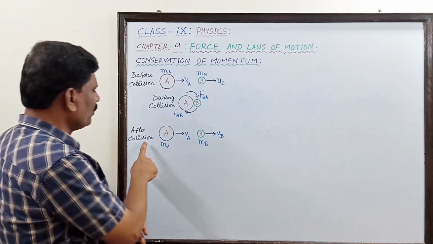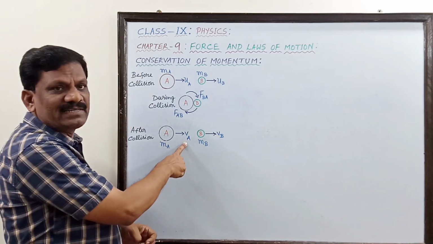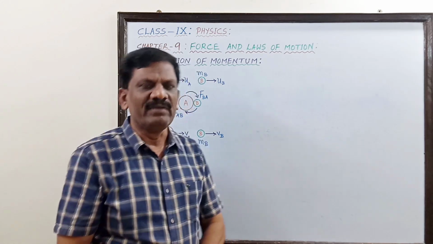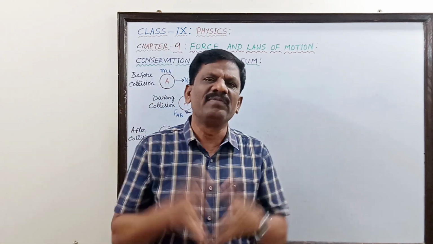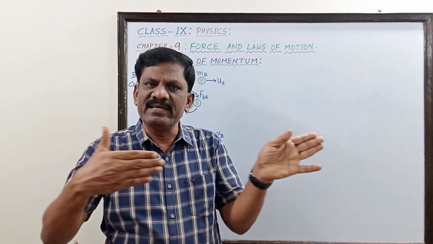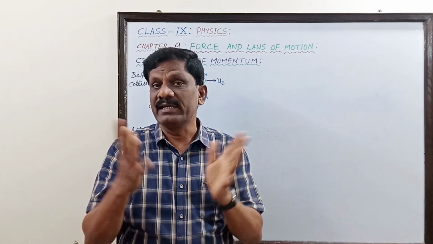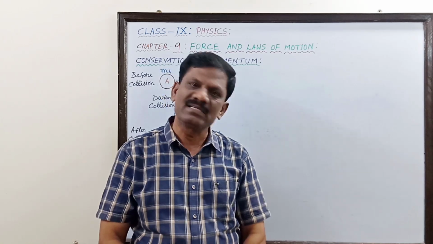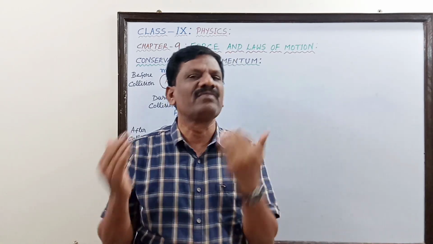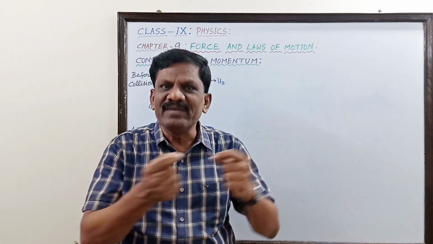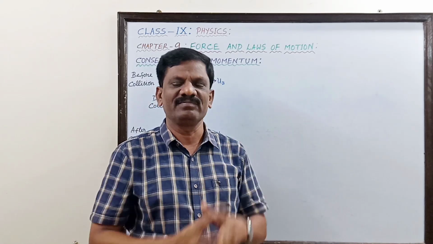After collision the final velocity of A is taken as VA and the final velocity of B is taken as VB. This collision is taking place along the same straight line, so I can call it a one-dimensional collision. Before and after collision the two colliding bodies travel along the same straight line.